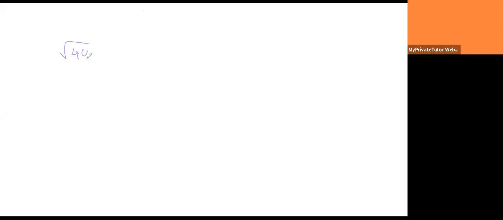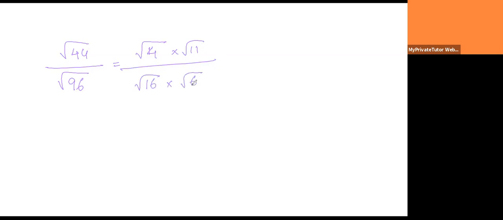Square root of 44 times square root of 96. How do you solve this? I think you're going to do 4 times 11 and here the square root of 4 times 24, or else if you want to do it directly, 16 times 6, it's fine.